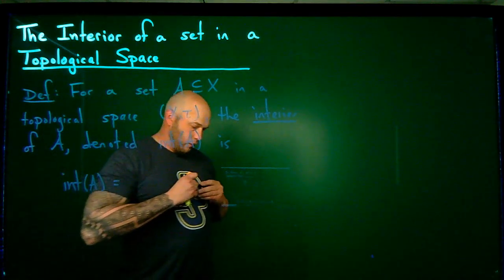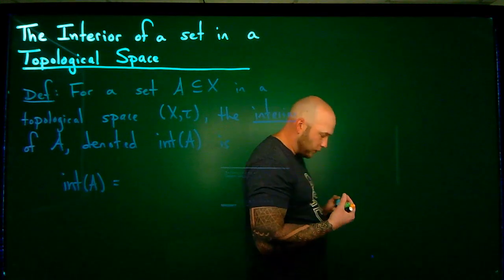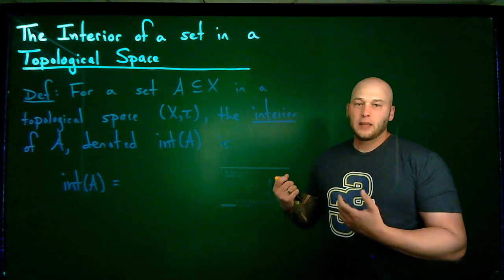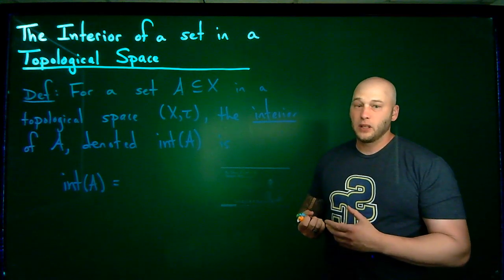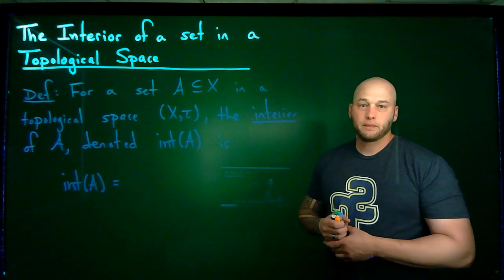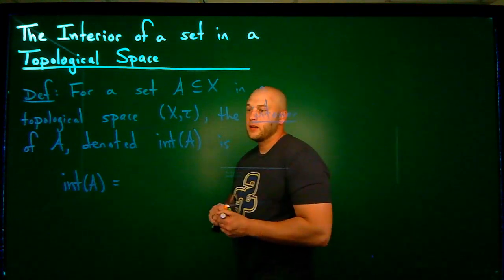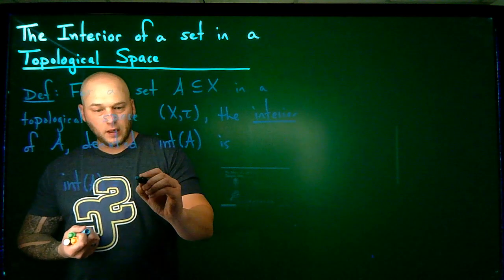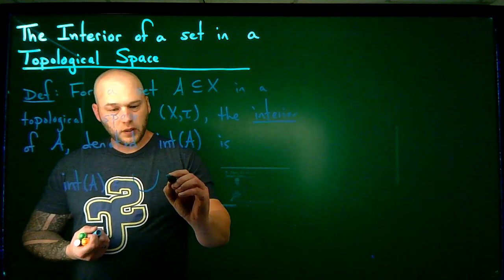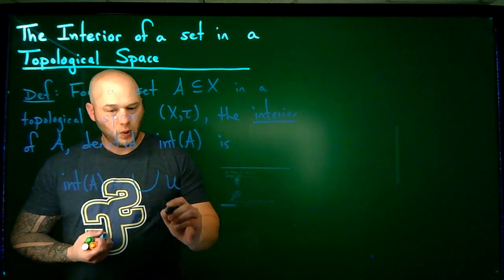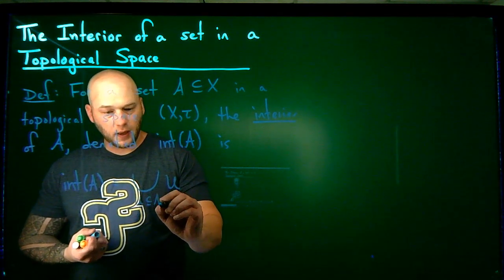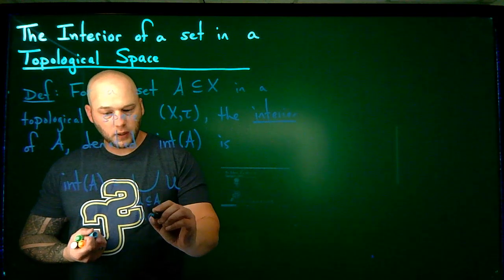Before I write the definition of what it's equal to, let me give you the general idea. The interior of a set is the largest open set contained within A. Therefore, this is equal to the union of the sets U, where U is a subset of A and U is open.